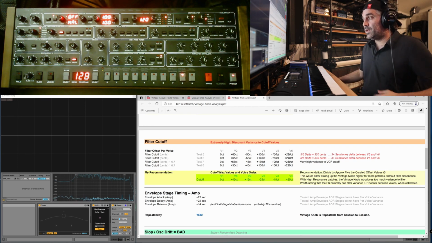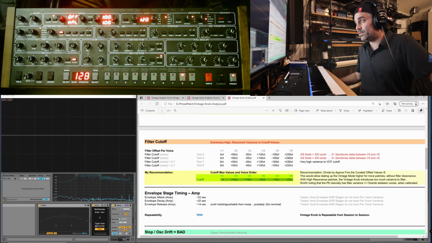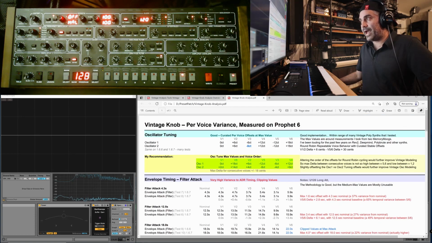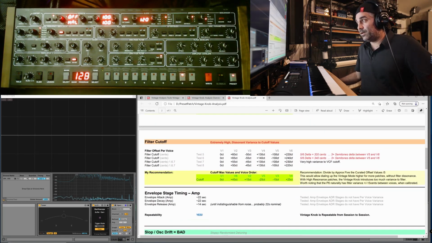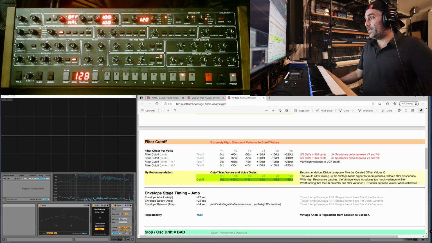I'm guessing that there's just a table in the synth, just like this, for filter cutoff of 6 values like this that represent the max values, and the same for the attack timing and decay timing and oscillator 1 and 2 values. I'm guessing it would just be a matter of literally going in and adjusting 6 values here, and then resaving the firmware out to adjust this.